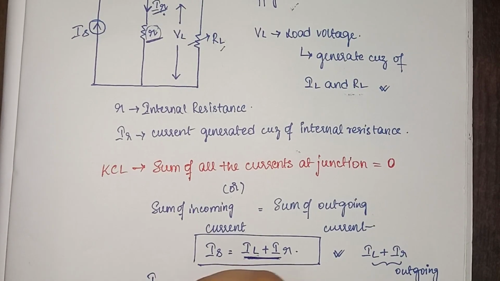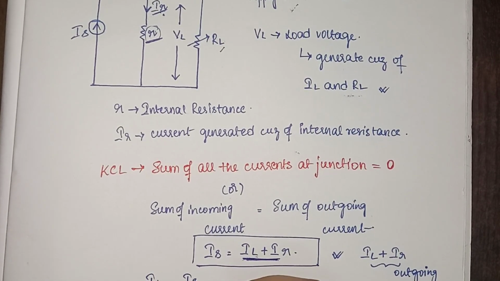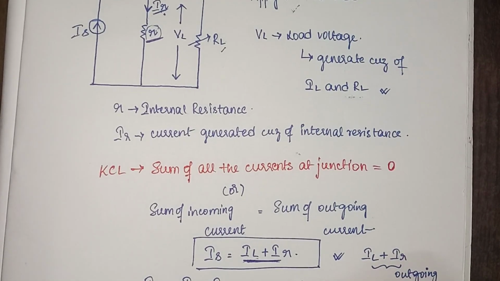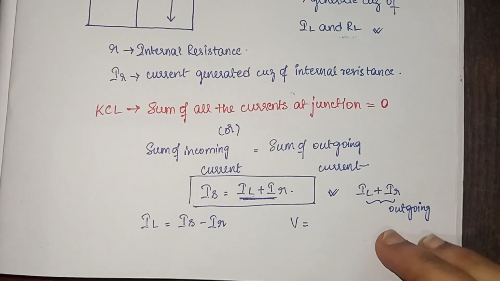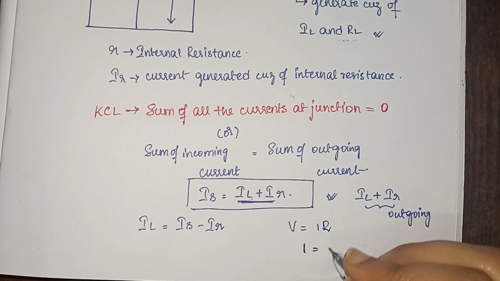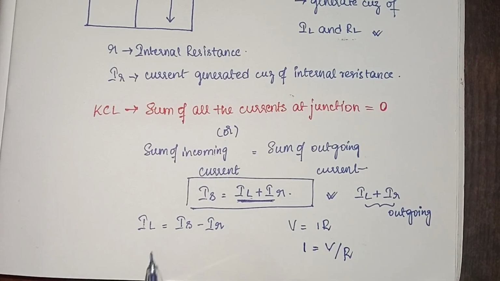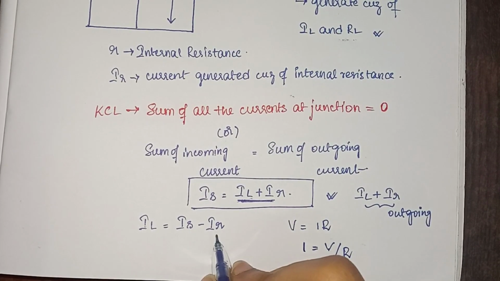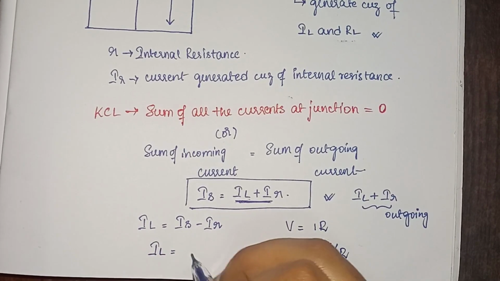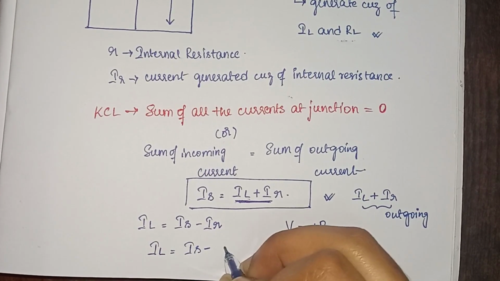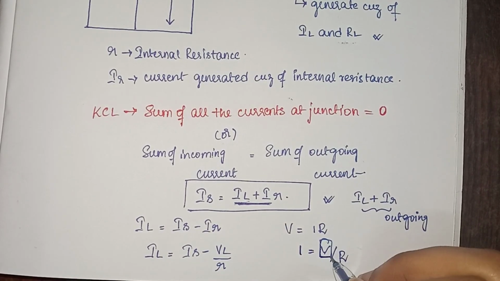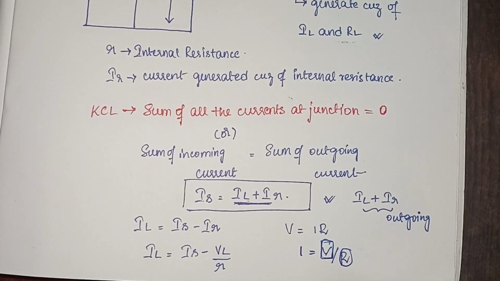So the load current will be IL is equal to IS minus IR, and according to Ohm's law we have V is equal to IR, which means I is equal to V by R. So in this case, we'll have IL is equal to IS minus VL by R, because here V is our load voltage and R is our internal resistance.